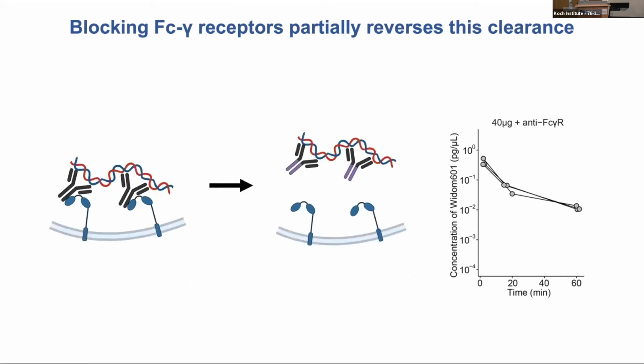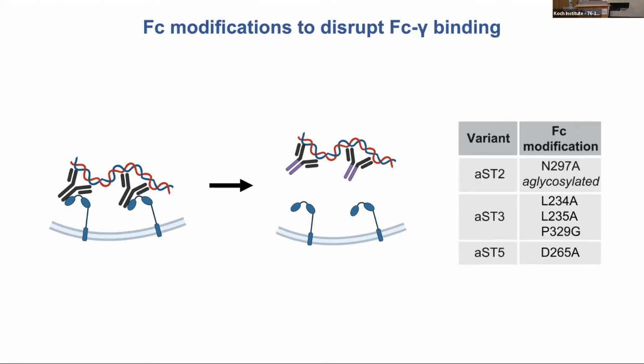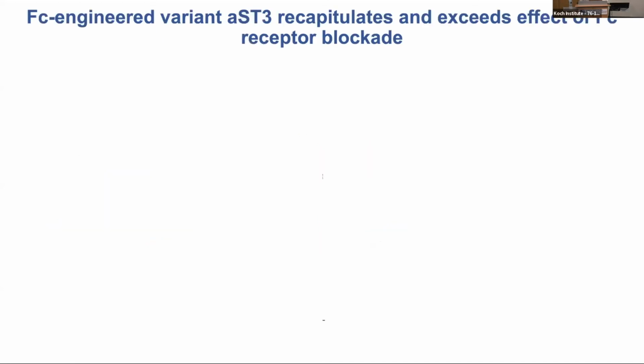So instead of trying to block Fc receptors with additional antibody, let's just abrogate the interaction between Fc receptors and our antibody. We introduced a number of mutations to the Fc domain of our antibody to try to disrupt this interaction. We expressed and purified these antibodies, and then asked a similar question of how these affected the clearance of exogenously injected double-stranded DNA.